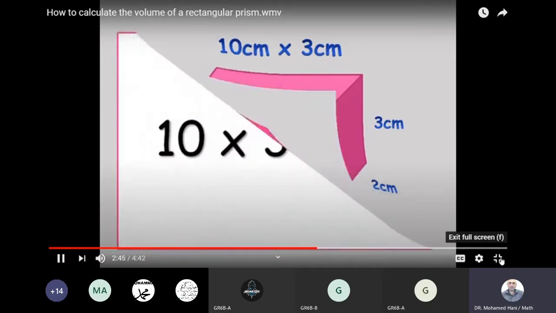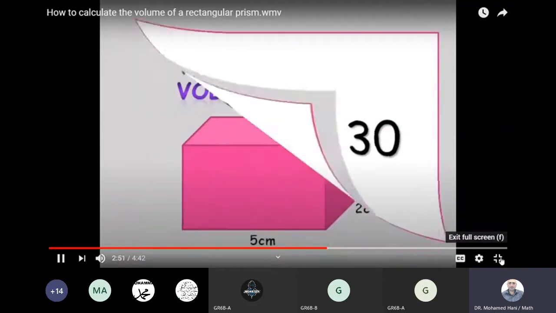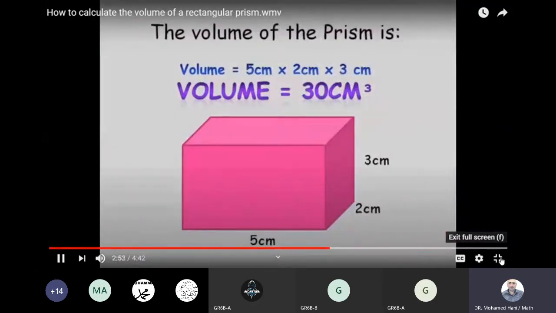So 10 times 3 equals 30. So the volume of our prism is 30 centimetres cubed, because we times 5 centimetres our length, times 2 centimetres our width, times 3 centimetres our height, which gave us 30 centimetres cubed.